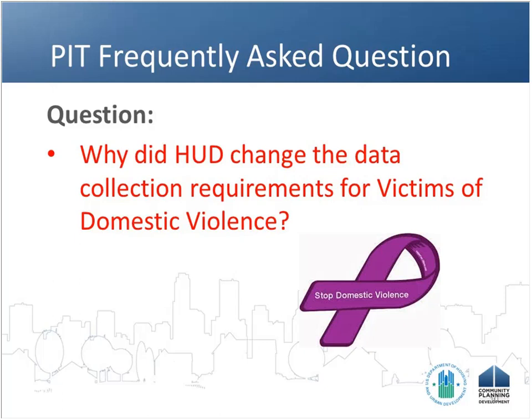And that's partly to recognize that some communities still struggle with how to collect that information in a safe and secure way. We're actually hoping to release next week some guidance on collecting data on survivors of domestic violence in the context of the PIT count.